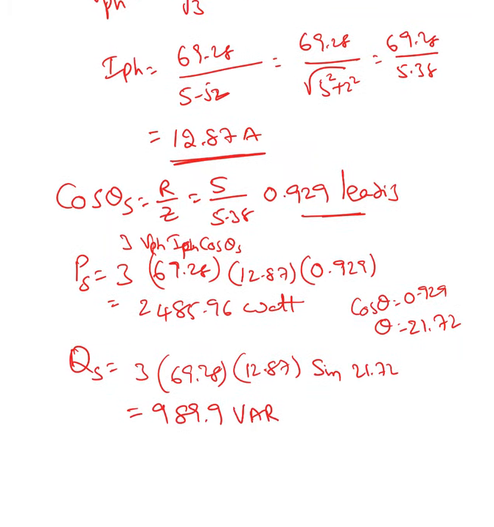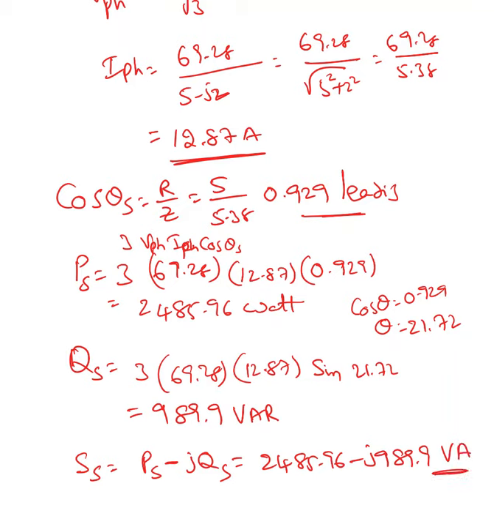So I have PS, QS, and source S is nothing but PS plus JQS. That's a capacitive load, so the capacitive load supplies QS, so it's minus J, which is 2485.96 minus J989.9 volt ampere. That's the unit for S.